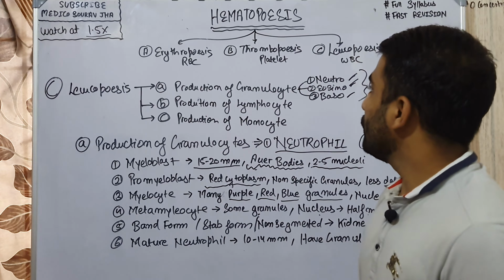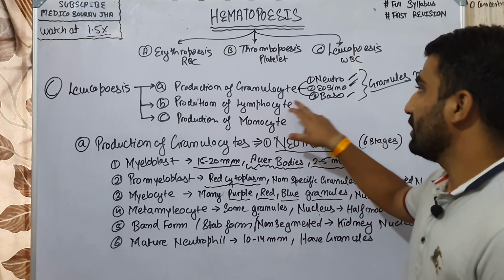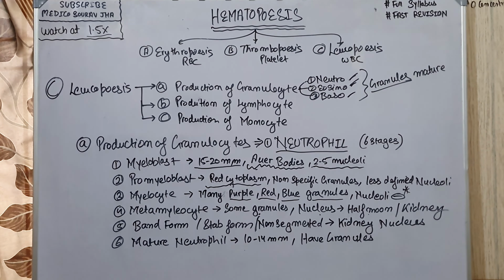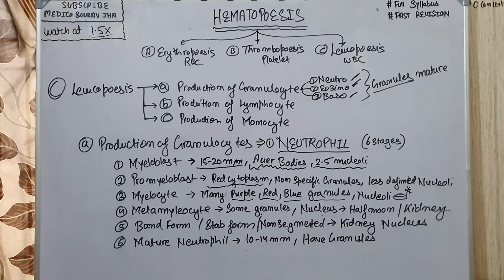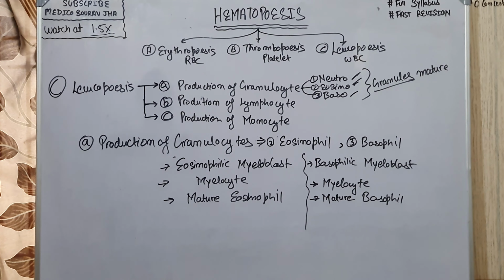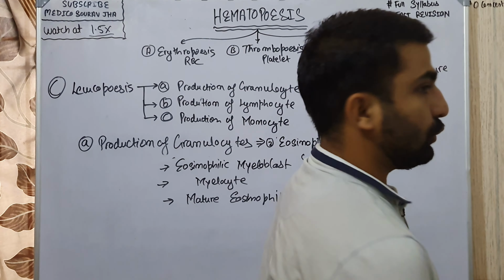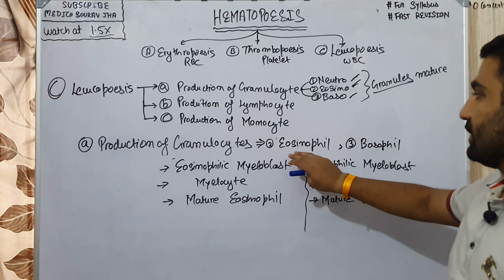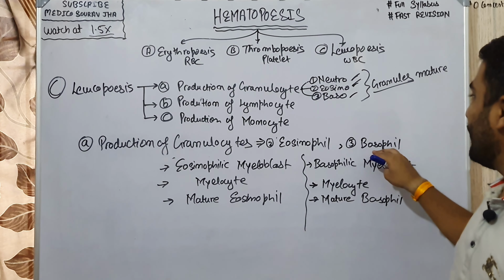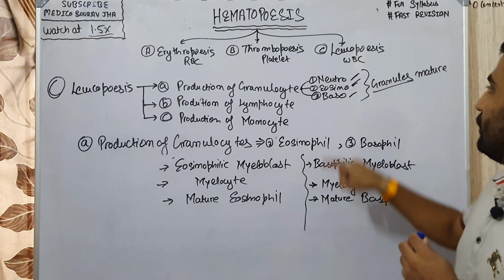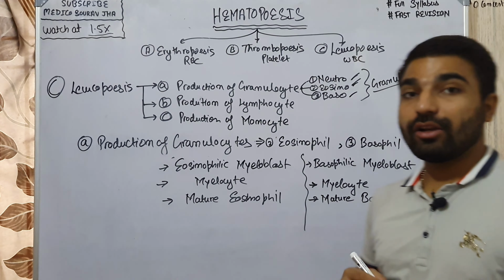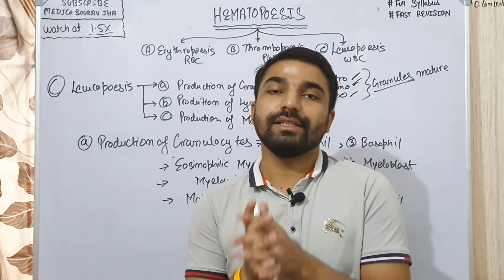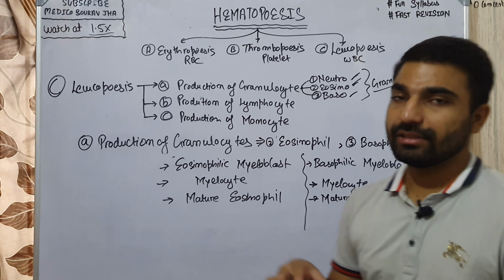Okay, so now we are gonna discuss the eosinophil part. Now we are on the next one, which is production of granulocytes, eosinophils and basophils. Eosinophils and basophils are also developed similarly to the neutrophil developed earlier on this slide.